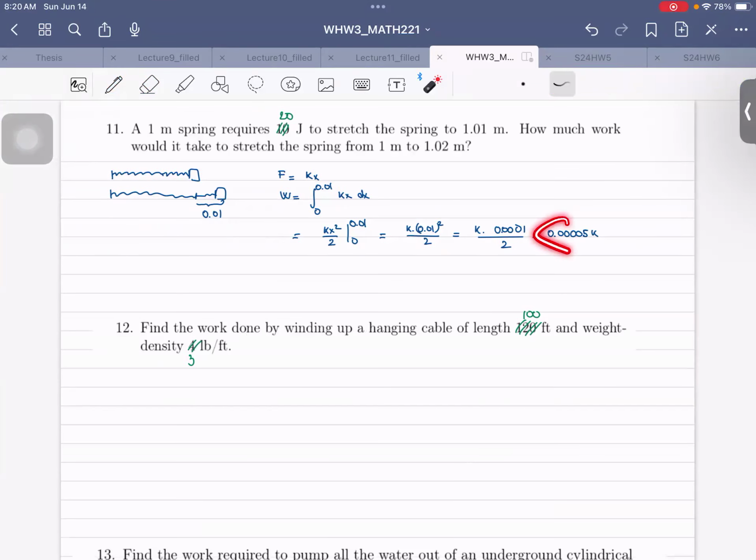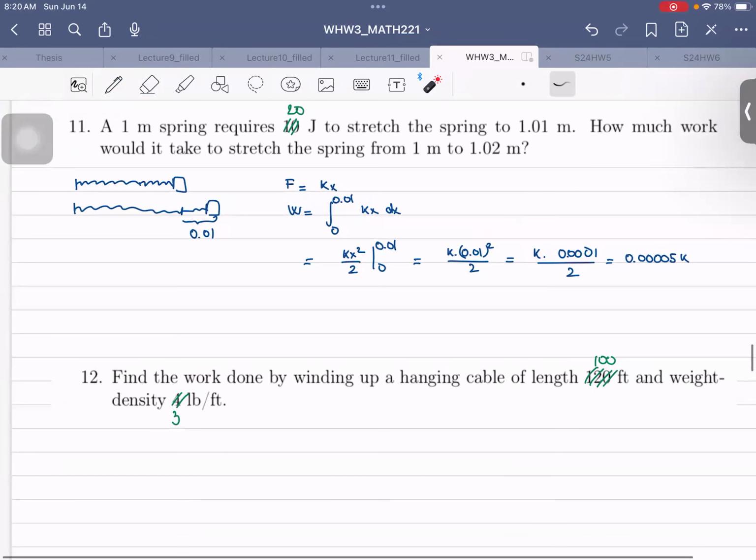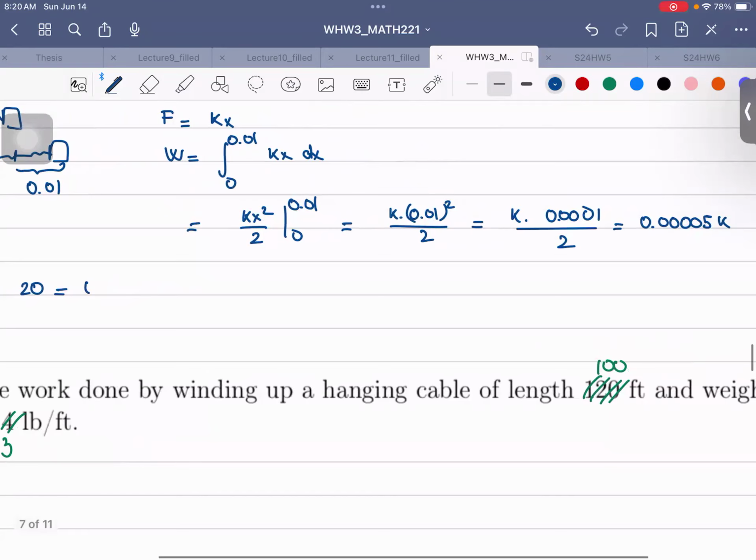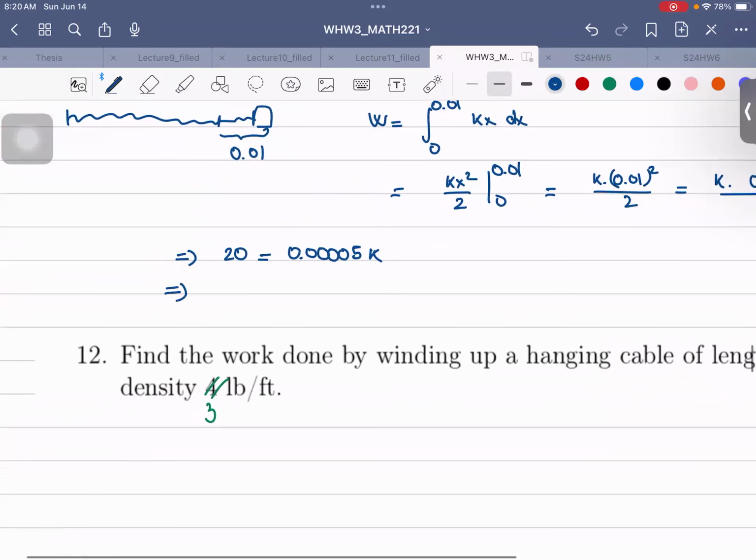So this is the amount of work you need to do if you want to stretch out the spring 0.01 meters from its natural length. And the question says that amount of work equals 20 Joules. Therefore I have 20 equal to 0.00005k, and from here I can compute the exact value for k.